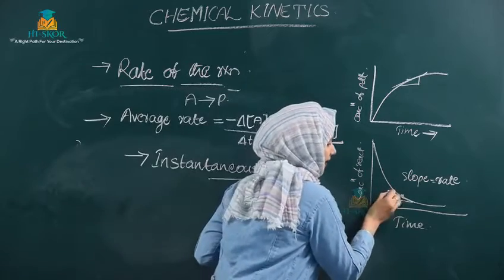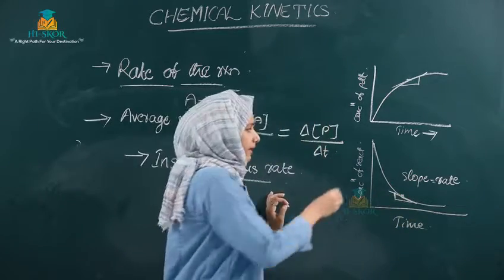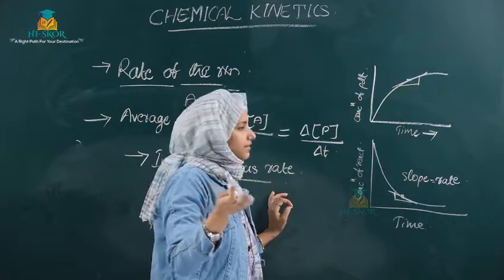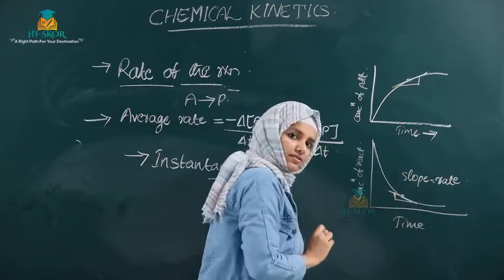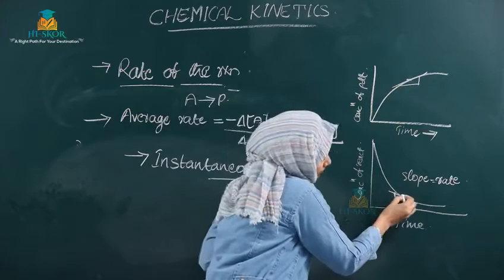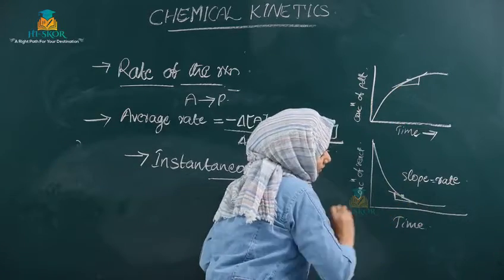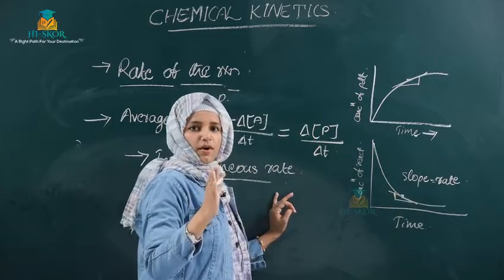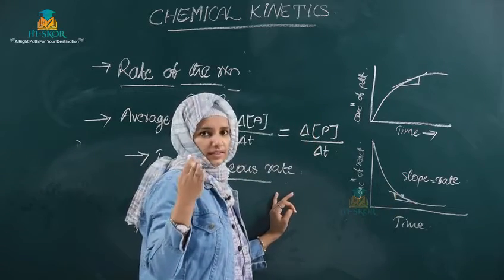Okay. So how will you find out the rate at a particular point? Suppose you draw a tangent at that point. For any curve you can draw a tangent, that you studied in your mathematics, right? So first of all you draw a tangent at the point at which you have to find out the rate.